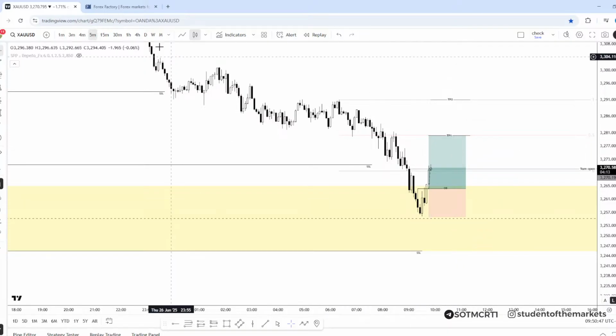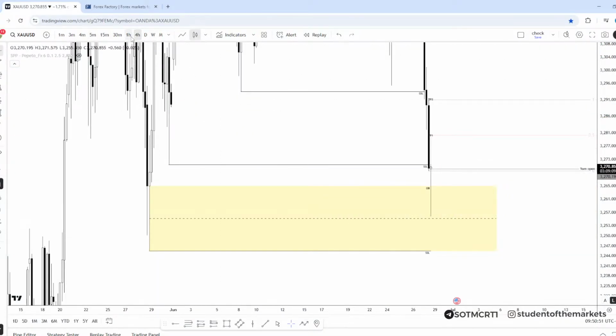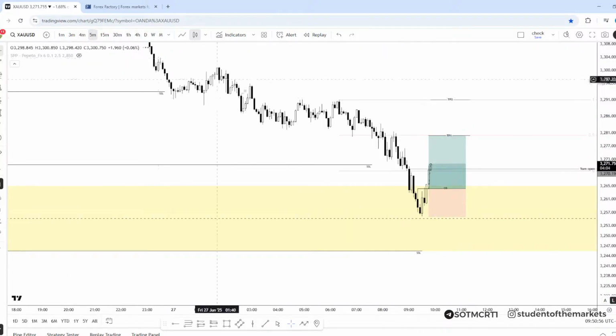Again, the 5 a.m. news soon. The 4-hour candle is not closing yet, but it looks good. The 1-hour candle looks good as well. So this is an amazing trade.